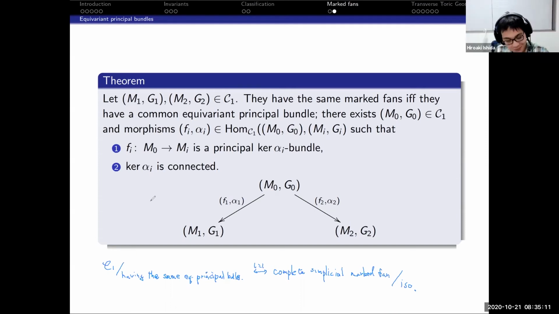Actually, I must say that I'm not familiar with categories, groupoids and stacks. But thank you very much for the comment. Maybe this theorem is essentially the same as what you explained yesterday.